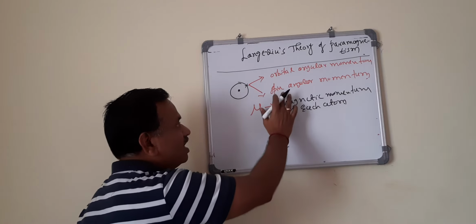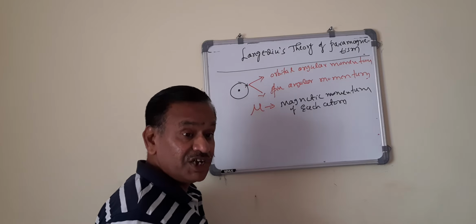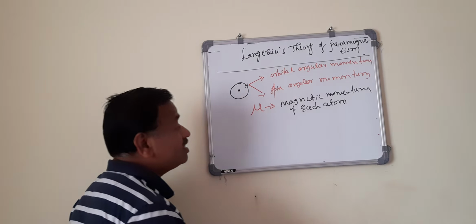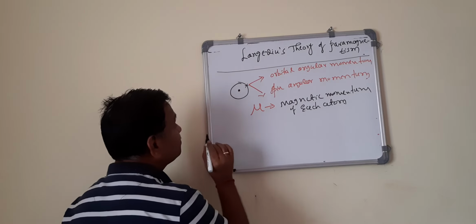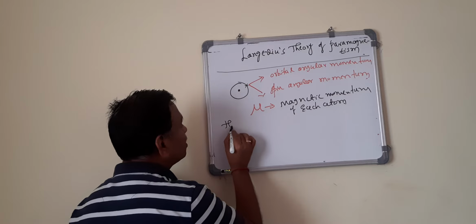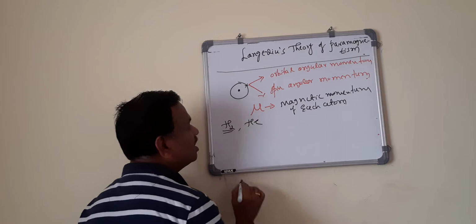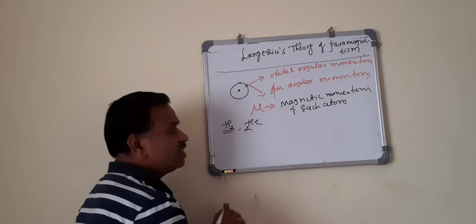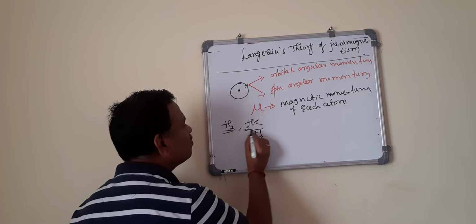As I told you, in the case of diamagnetic material the susceptibility is negative, and there are no atomic dipoles. For example, in the case of helium, the atomic number is 2, which means one electron is with spin up and another is with spin down.